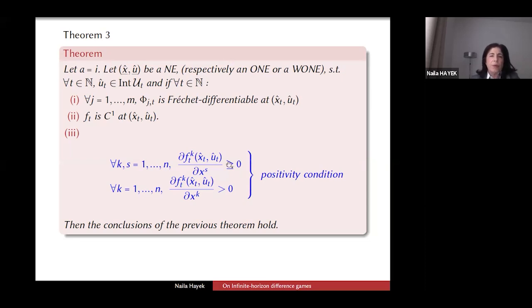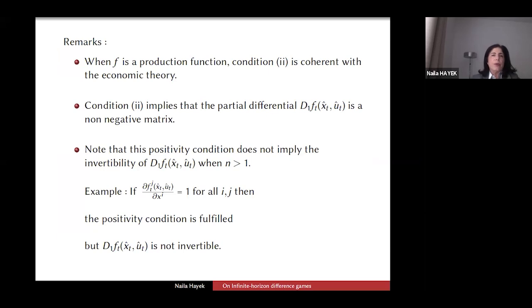So the proofs look a little the same, but of course I cannot use anymore the invertibility. I have to use these conditions to be able to have subsequences not converging to 0.